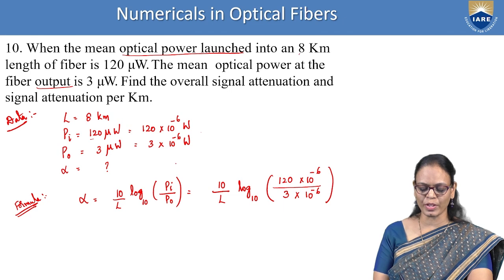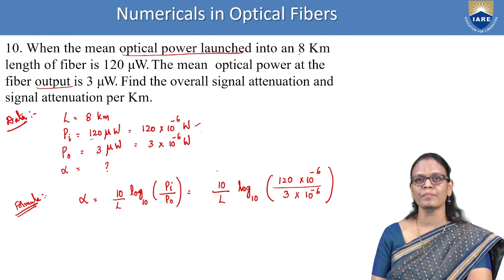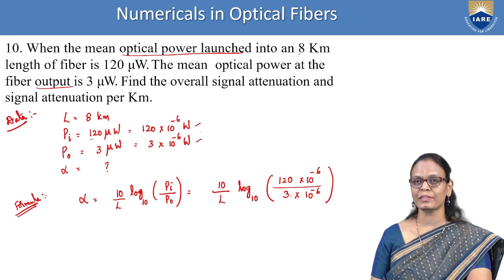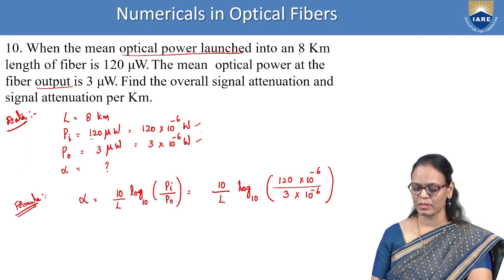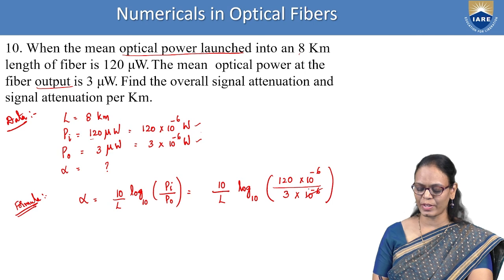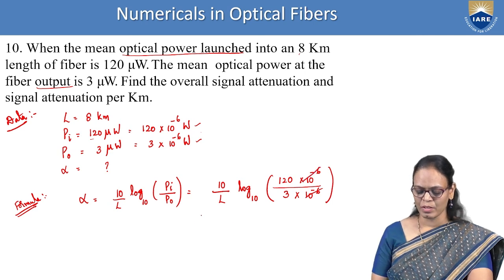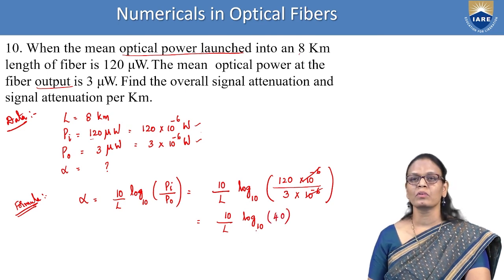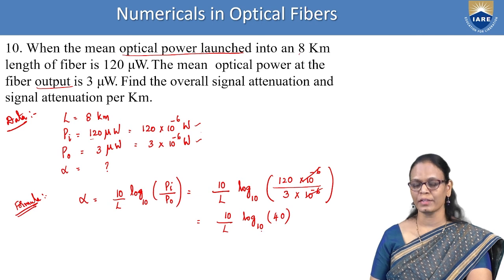We are just substituting the values of Pi and P0. So 120 by 3 into 10 power minus 6 by 10 power minus 6, so these two will get cancelled. So we have 10 by L log to the base 10 of 120 by 3, which will give us 40. Log 40 to the base 10.